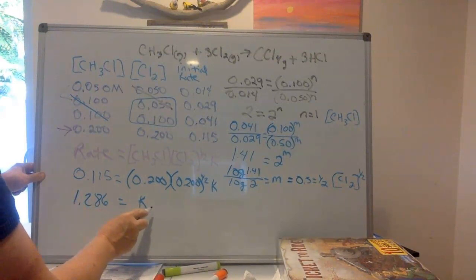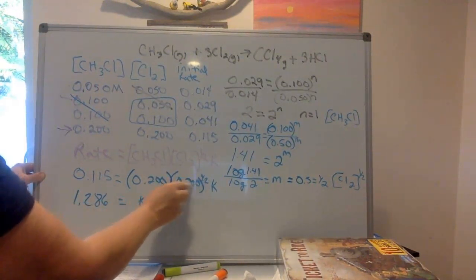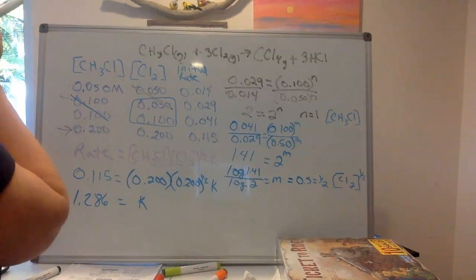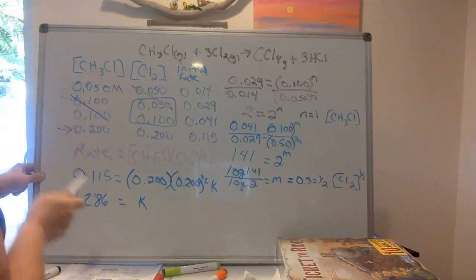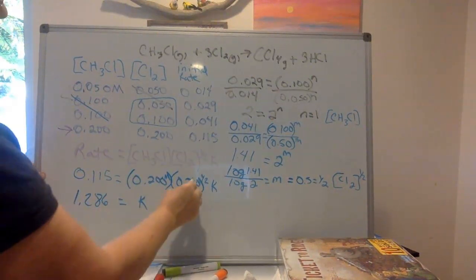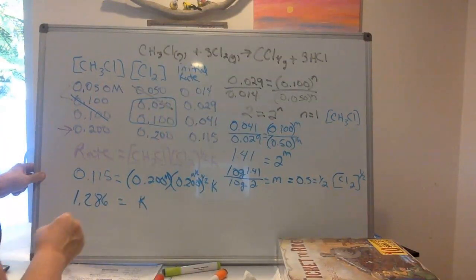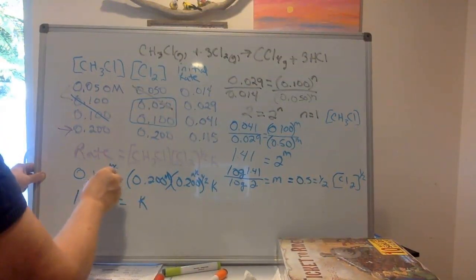We got to do the units first because these units are going to be a little bit gnarly, right? So for this K, this is molarity, and this is molarity to the 1/2, and this is molarity per second.